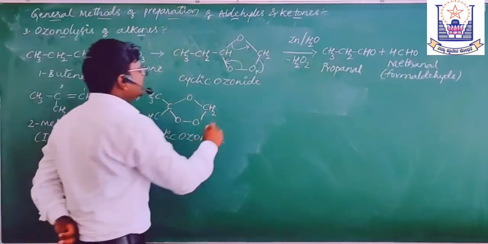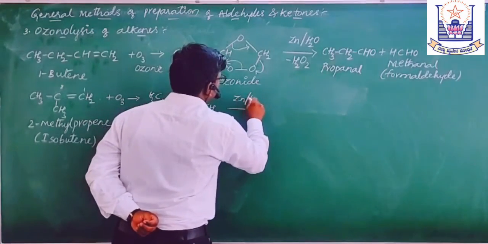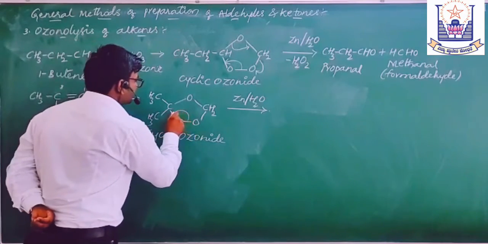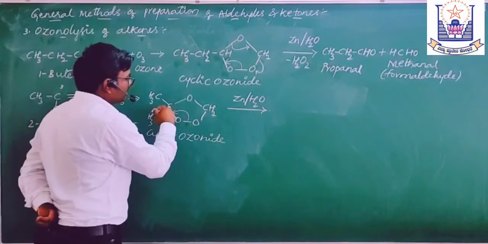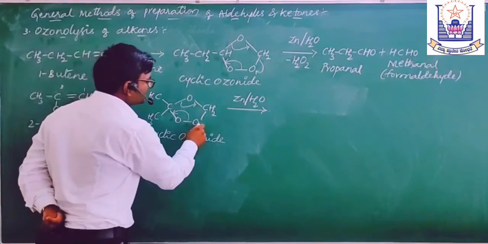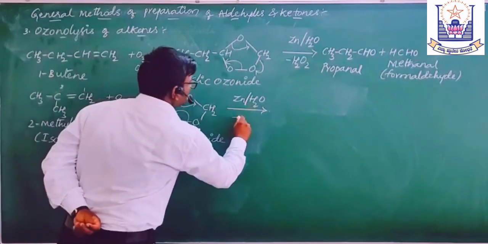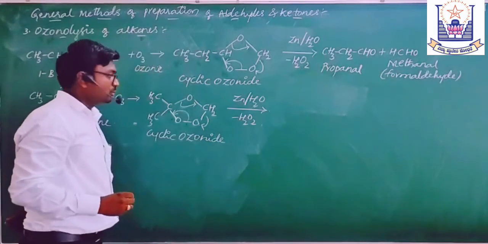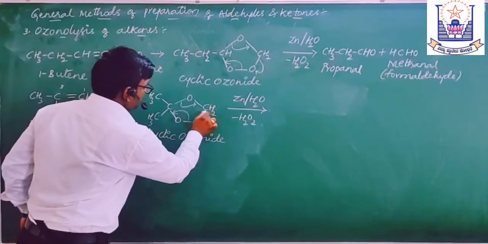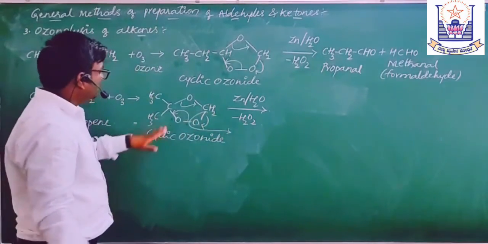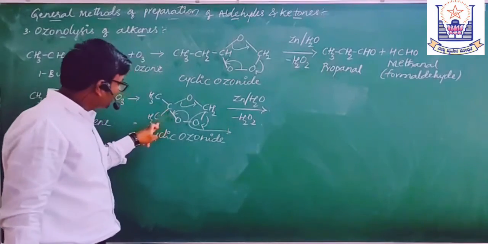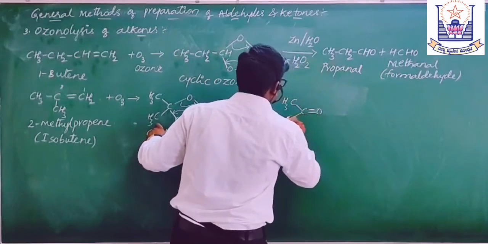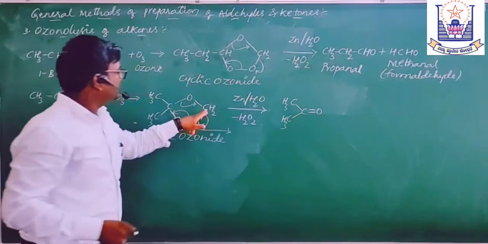Okay, when it is treated with zinc followed by hydrolysis, what happens? Here this oxygen makes a double bond with this carbon, this leaves and makes a double bond here, and this oxygen comes out and joins with H2O, forming H2O2. Now this is CH3, C double bond O, CH3, and what is this?